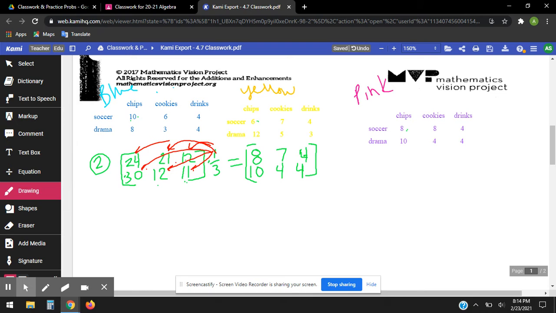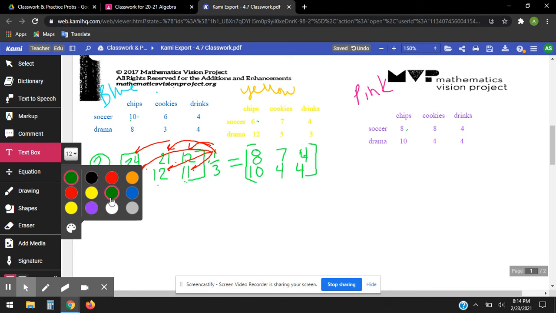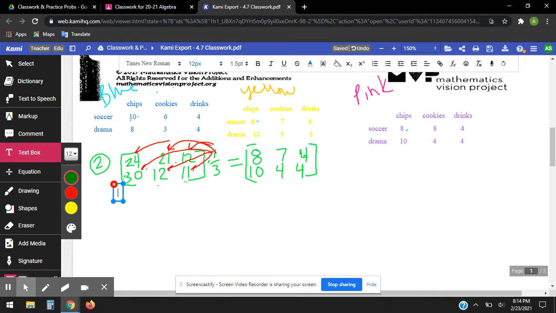Well, this means we're going to have, so for soccer, let's go ahead and do a text box here. So what it means is our final results, chips, cookies, and drinks. Soccer needs 8 bags of chips because that's what we have in that top right.